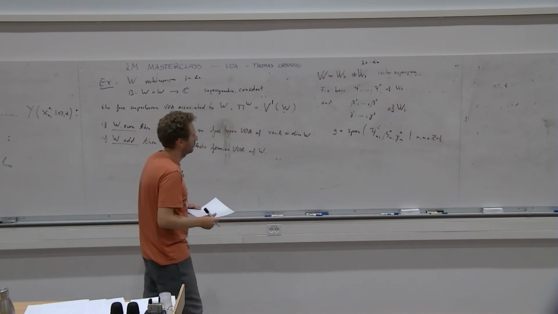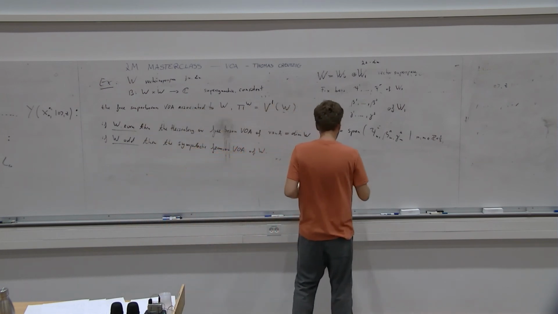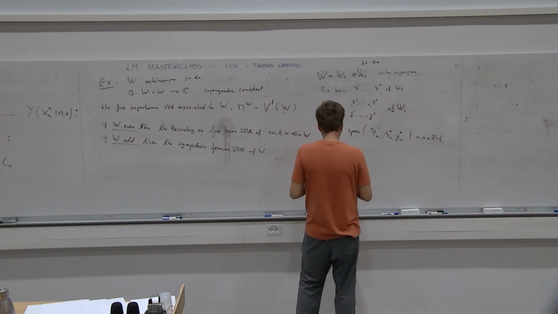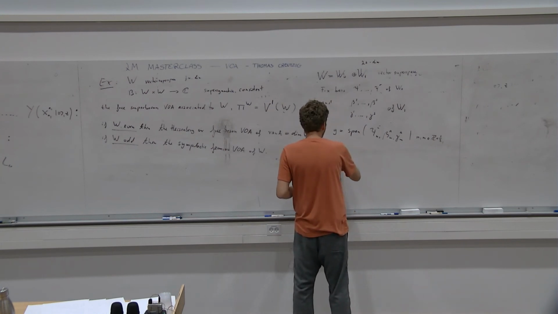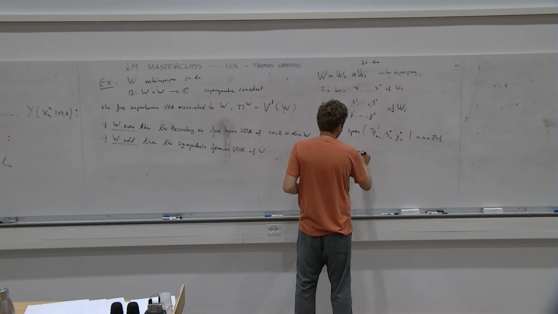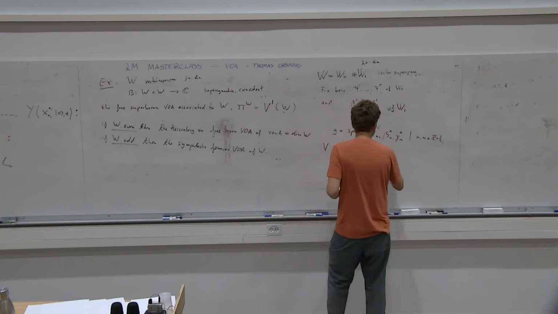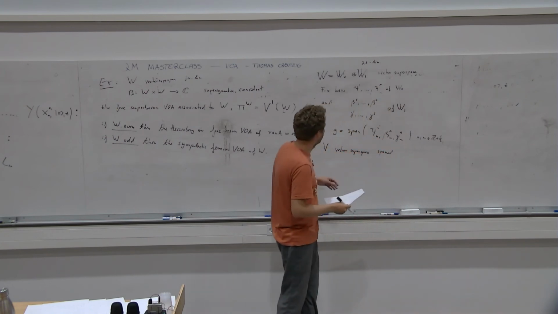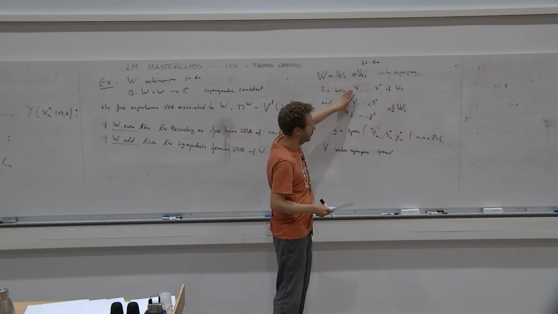So now, what's the underlying vector space? The VOA is our vector superspace spanned by normally ordered monomials in the negative modes here.